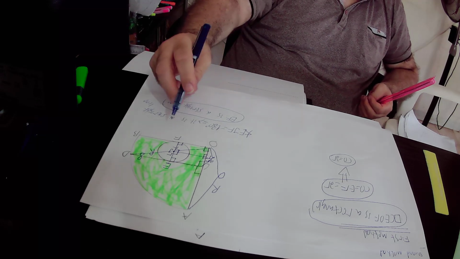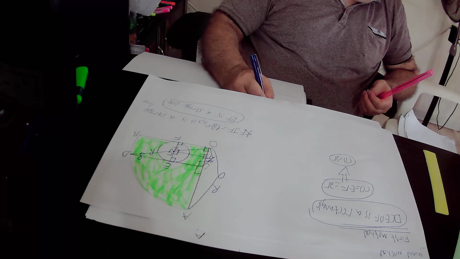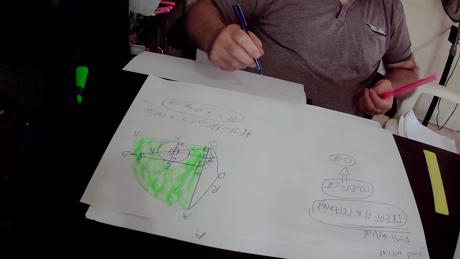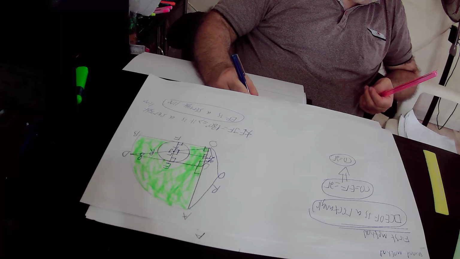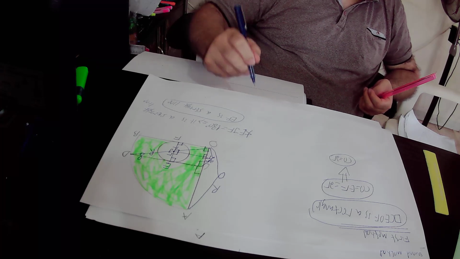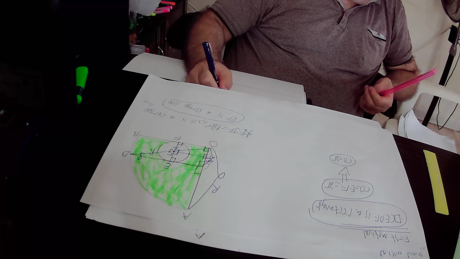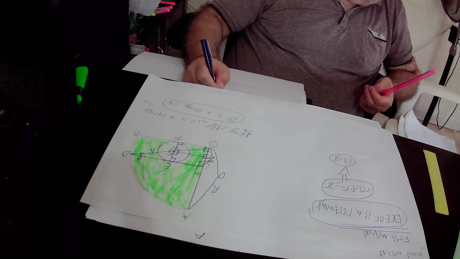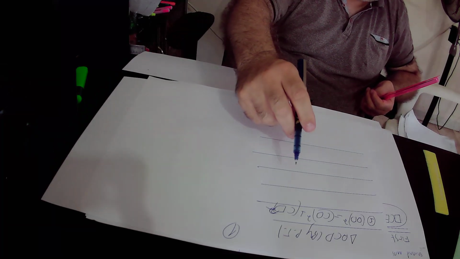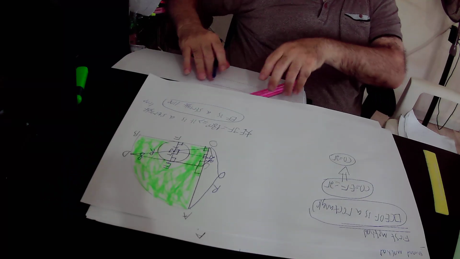The hypotenuse is OD, therefore the square of the hypotenuse is OD squared. And it must be equal to CO squared plus CD squared. I'll repeat again. In the right green triangle, triangle OCD, OD squared equals CO squared plus CD squared.